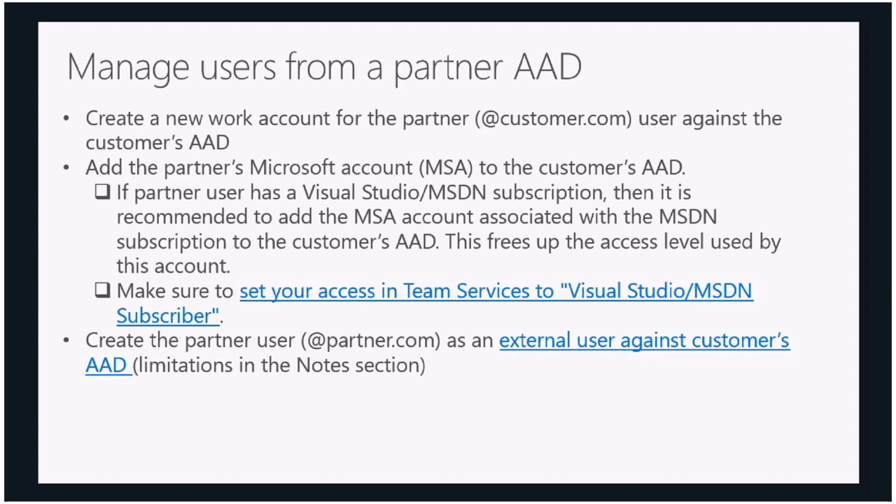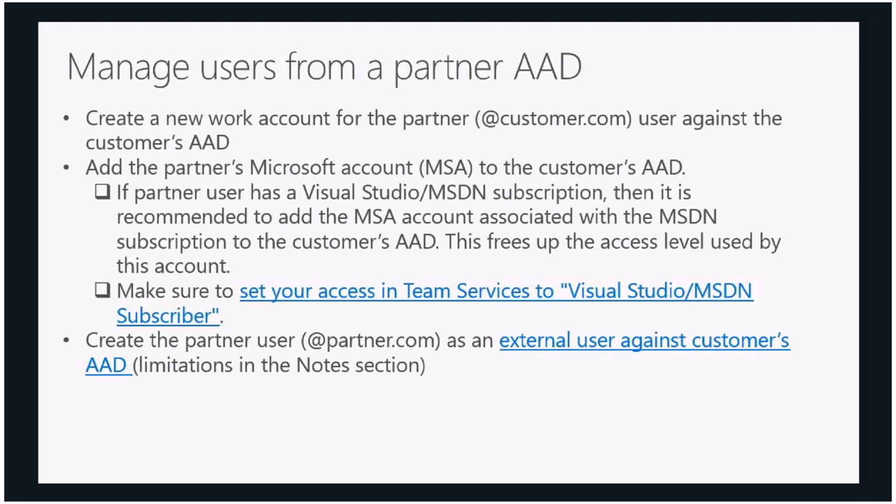Or the other option is you can add the partner's Microsoft account to the customer's Azure Active Directory. What we would recommend is, if the Microsoft account that the partner user or the partner developer has is already associated with an MSDN subscription, it would make sense to add that particular email ID.